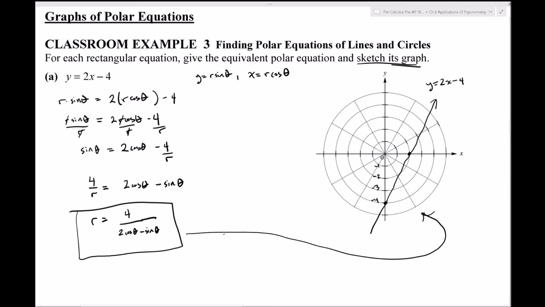And like I said earlier, there's no way we could have looked at that equation for r, in this case r of theta, and been able to graph that intuitively. So that's why I graphed it ahead of time as a linear function.